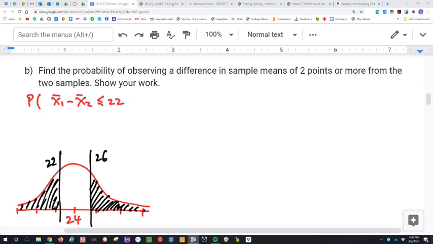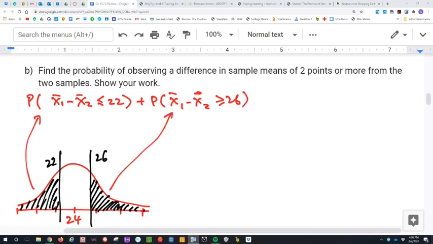So if you write out the probability of the difference of two means, x1 bar minus x2 bar, if it's less than or equal to 22, right? That refers to this area, plus the probability of x1 minus x2 greater than 26, okay?